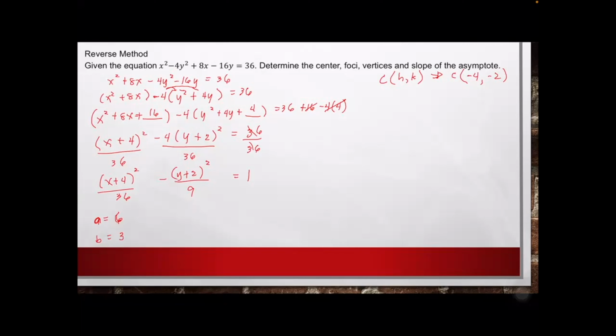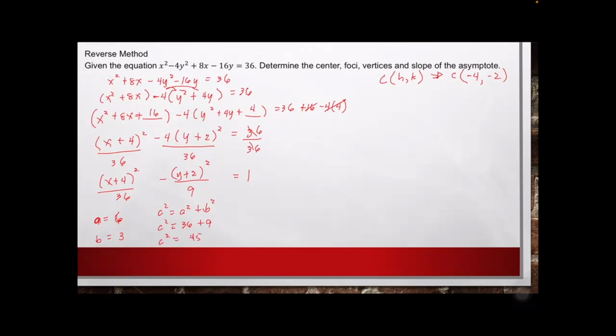Borromeo, please find the last one, C. You have C squared is equal to A squared plus B squared. So you have C squared is equal to 36 plus 9. So C squared is equal to what? 45 po. 45.